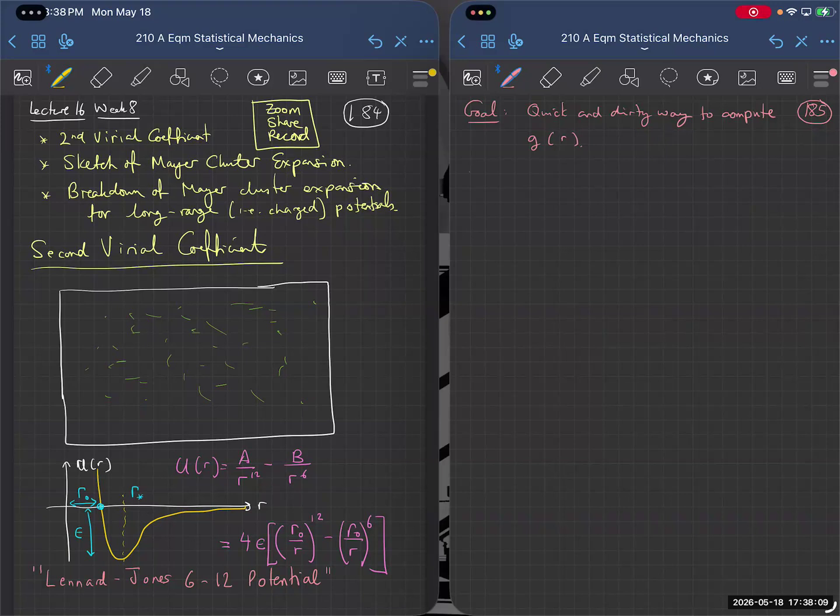And our basic idea is the following. You can see that this potential has a length scale associated with it. It has this R star, which is the mean separation between particles. And if the particles are very far apart, then essentially the potential goes to 0.